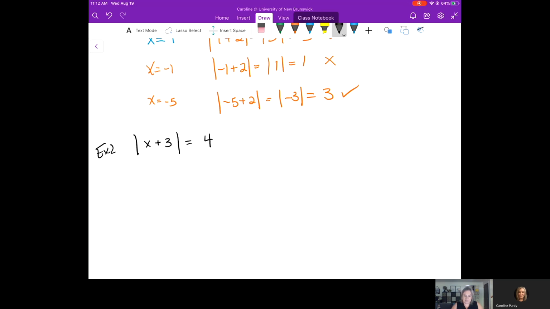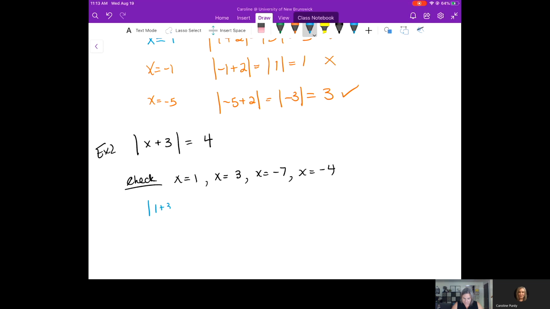And suppose I didn't ask you for the answers, but I gave you a list to check. So check if these are the answers. Check x equals 1, x equals 3, x equals -7, x equals -4. So by plugging each of these in, we can see which one works.